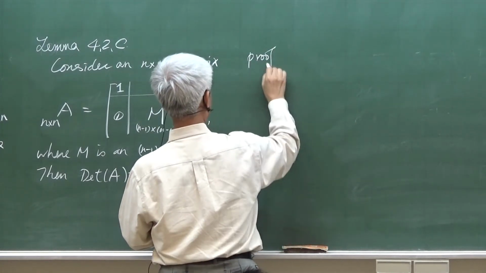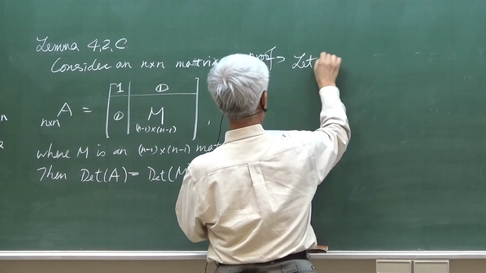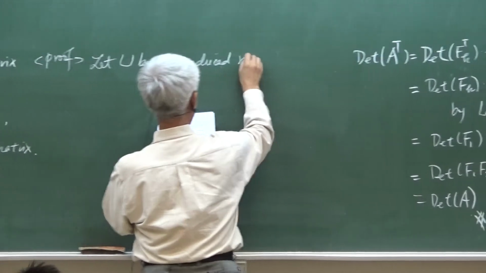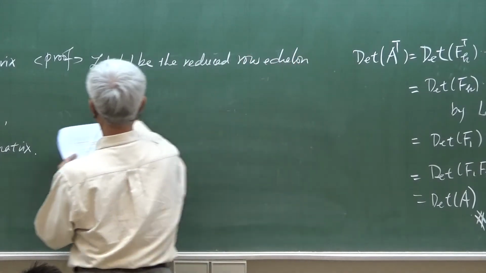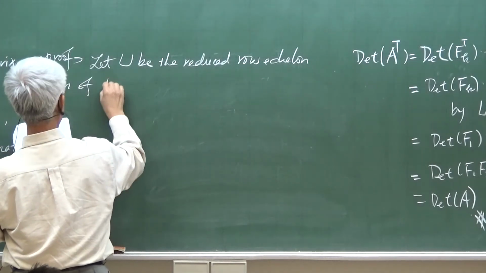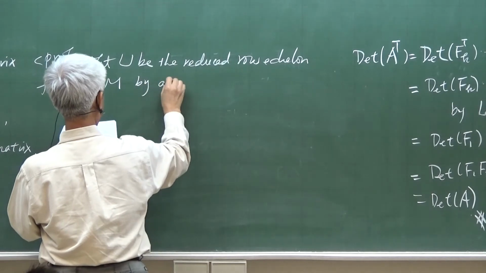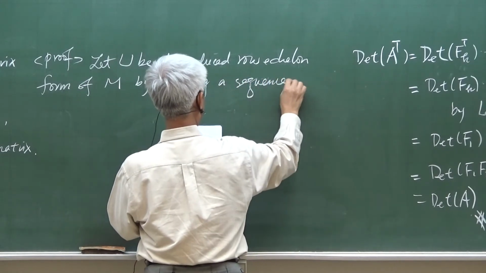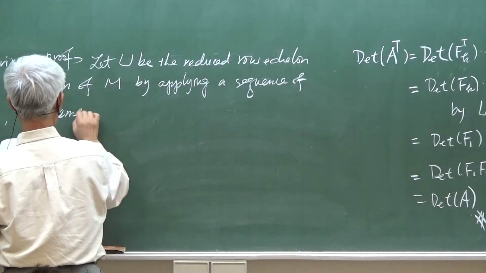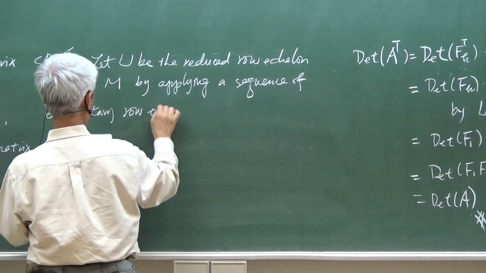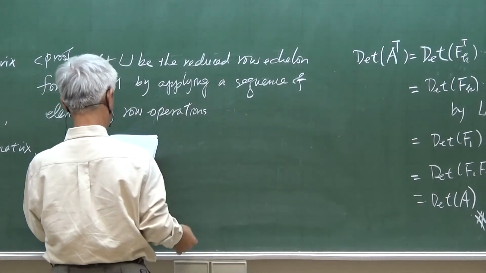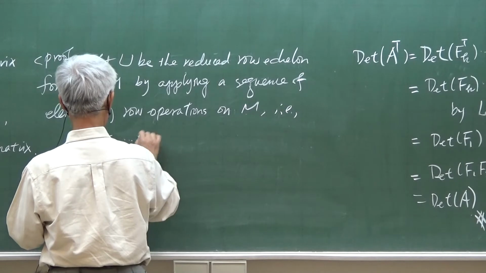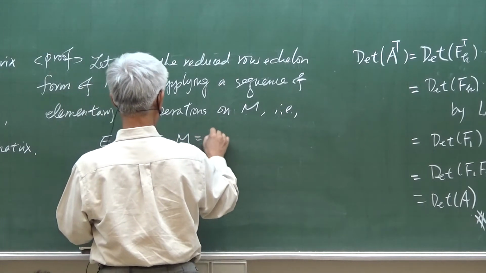Alright, so the proof. We let U be the reduced row echelon form of M, by applying a sequence of elementary row operations on M, i.e., we have E_k ... E_2 E_1 M equal to U. Right.